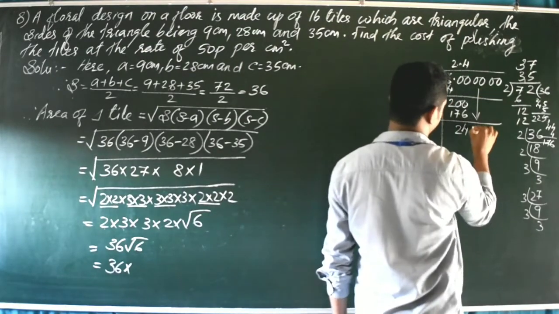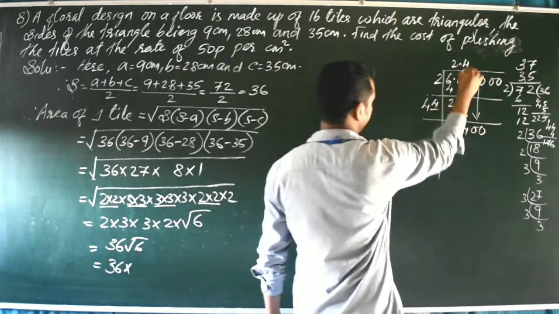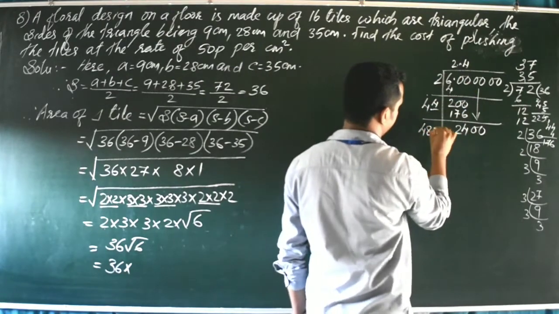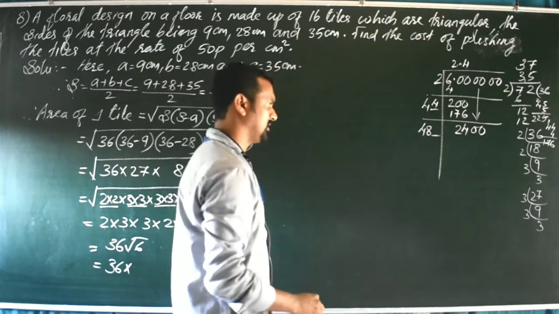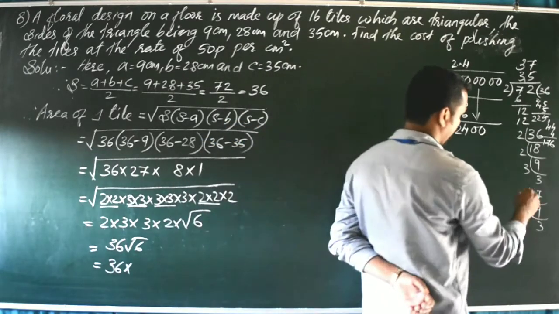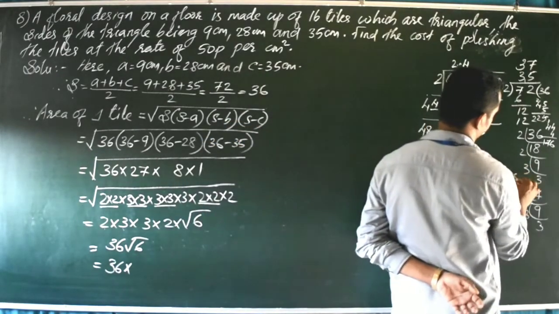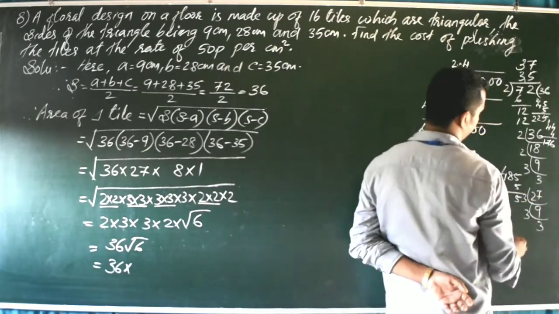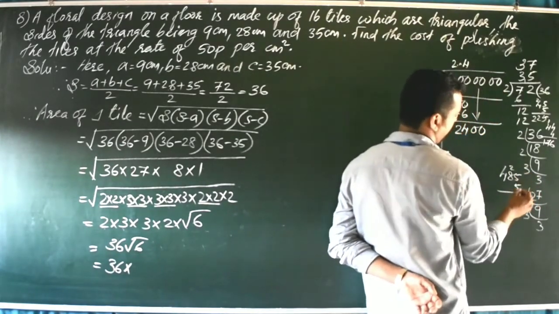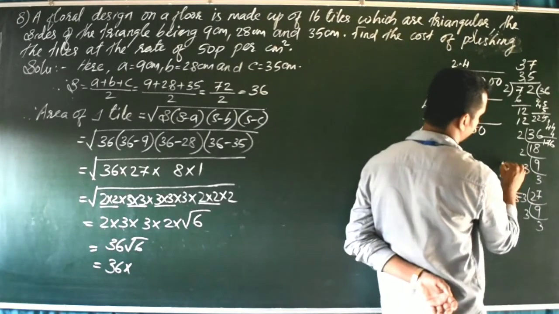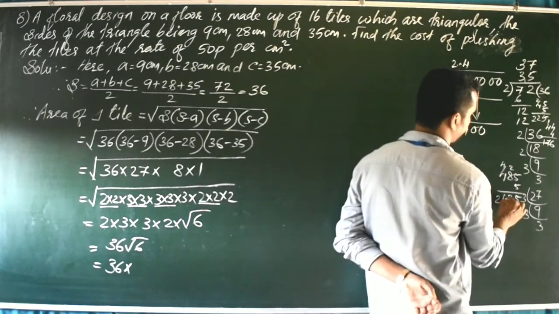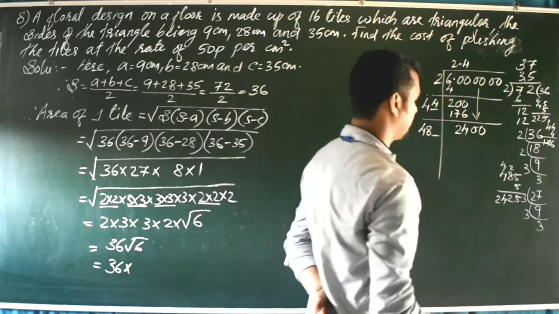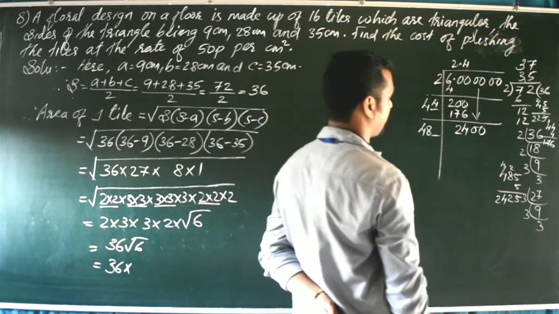Bring down the next pair, that is 0 0. 44 plus 1, that is 48. Find a digit here, 2400, 485 into 5, 5 5s are 25, 5 remainder 2, 5 8s are 40 plus 2, 42, 2 remainder 4, 4 5s are 20 plus 4, 24, 2425.